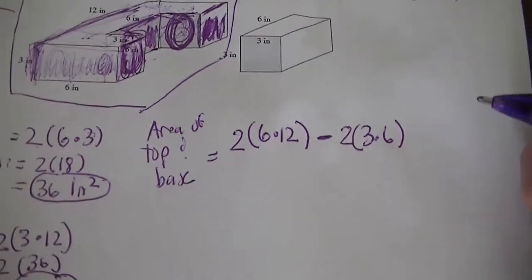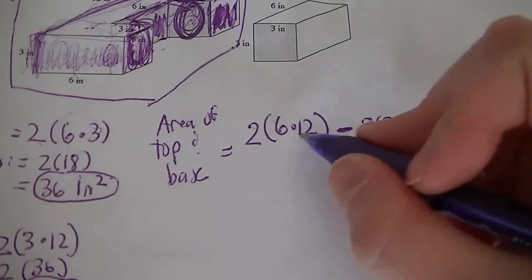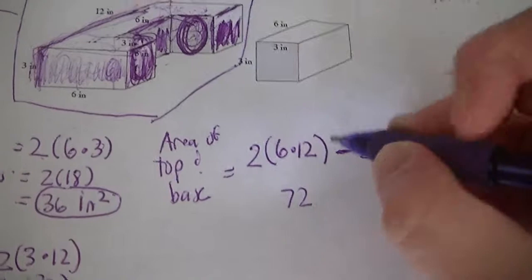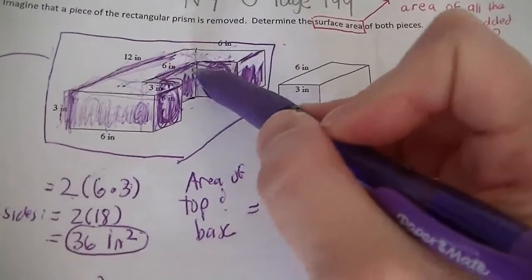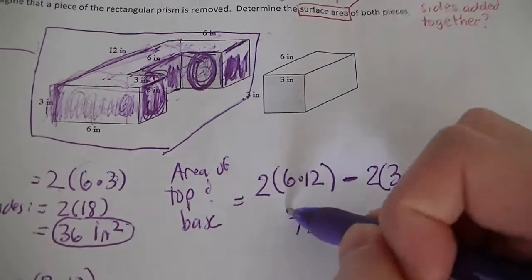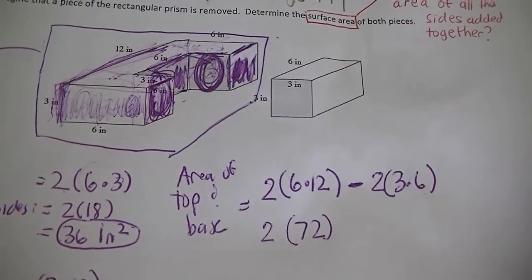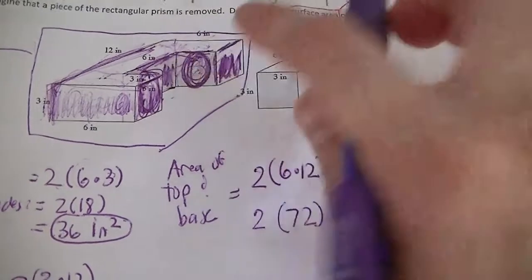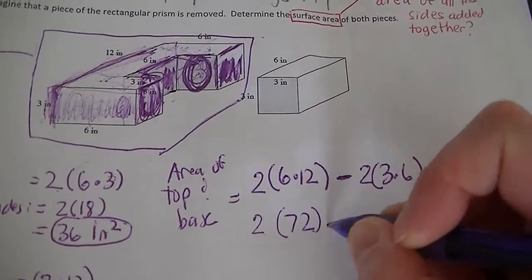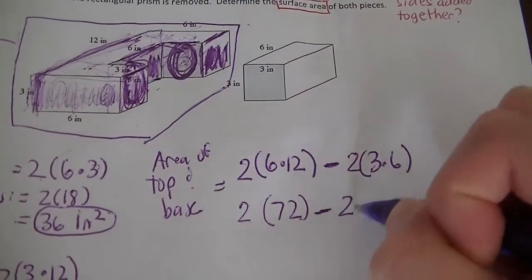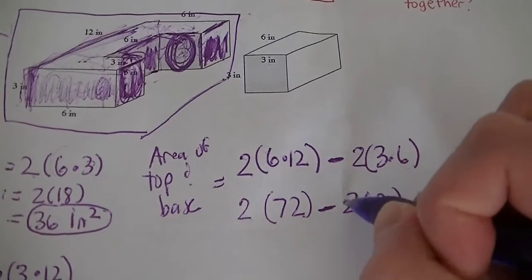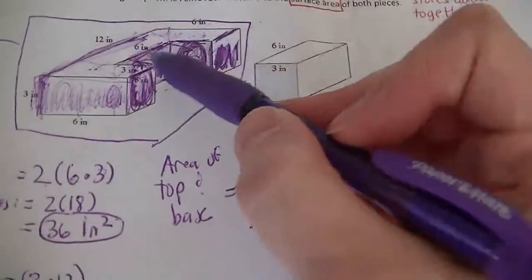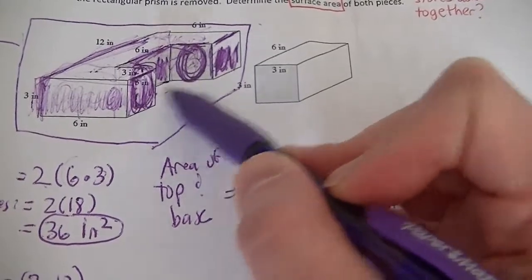All right. So from here, we need to go 6 times 12, which is 72, for that entire rectangle, but we're going to multiply that by 2 to account for the base. Are you following me? But since there is that chunk missing, we have to subtract that. Okay, and I'm going to simplify here. Be 2 times 18. And the reason I have the 2 is because it was up there, and it's also in the base.